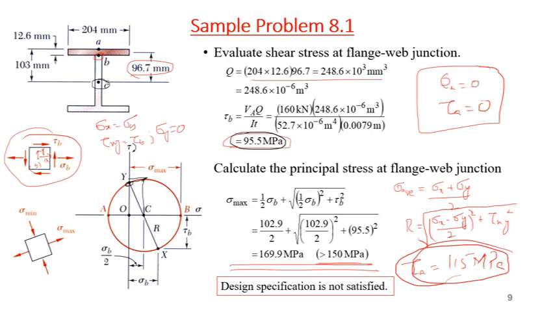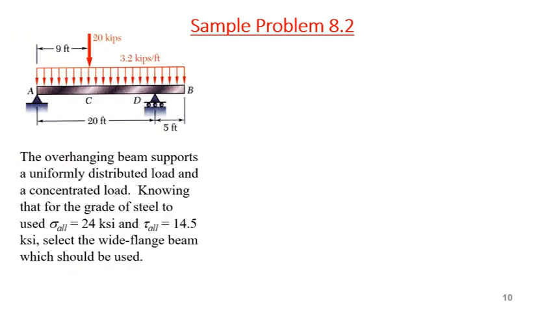Okay, now let's see another sample problem. Again, this is an overhanging beam. The overhanging beam supports a uniformly distributed load and a concentrated load as shown over here. Knowing that for this grade of steel, sigma allowable is 24 ksi and tau allowable is 14.5 ksi, select the wide flange beam which should be used.